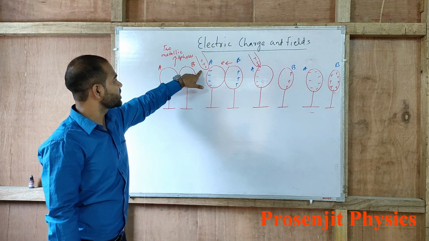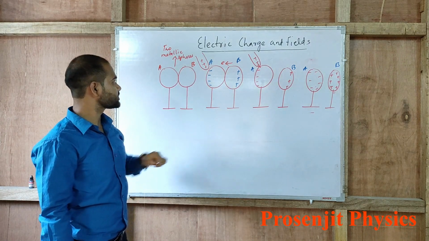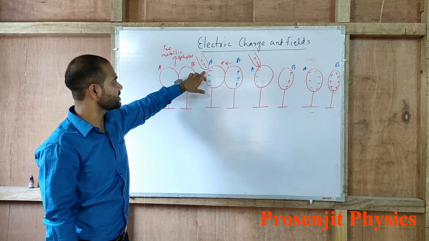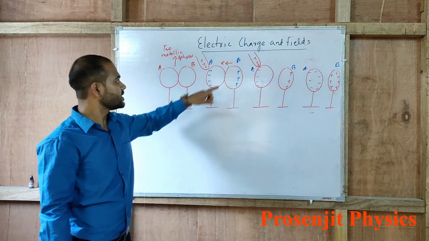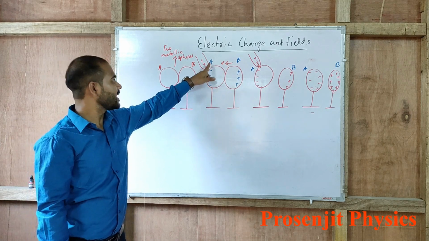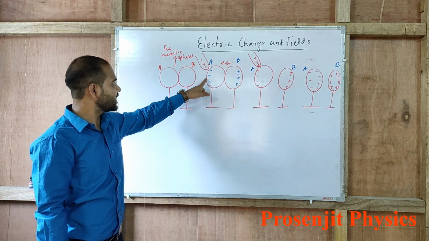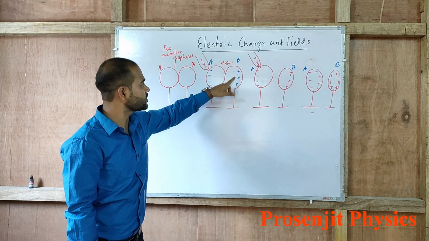If we bring a positively charged body towards the end A, as a result of this positive charge, electrons from the body B will move to the body A, and the end A will have negative charge and the end B will have positive charge.